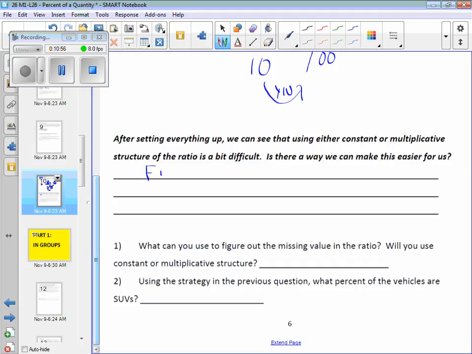I'm just writing this down so you have this at home. You find the value or an equivalent ratio that will work.